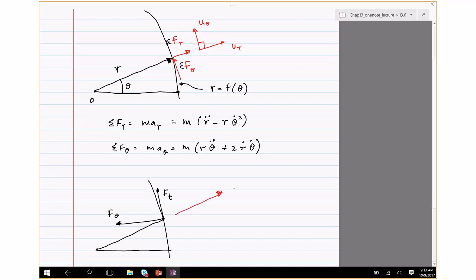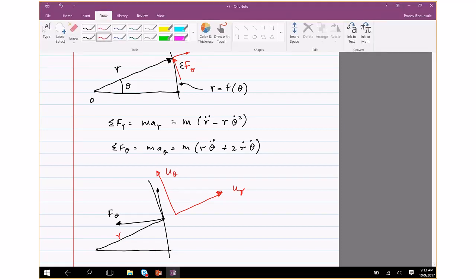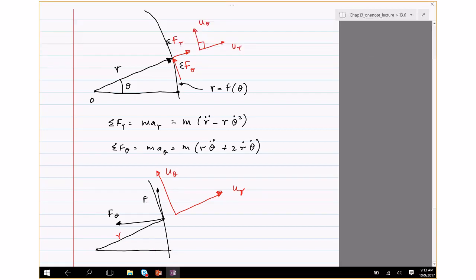So this is ur because this vector is along r, and then this is u theta. My bad, this shouldn't be theta, this should be Fn, this should be Ft.